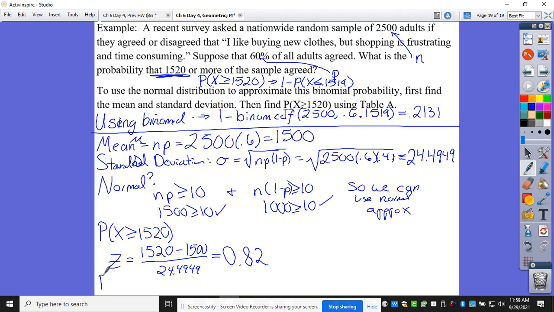I can rewrite this in terms of z. Now it's probably that z is greater than or equal to 0.82. Yes, I'm going very fast. When z equals 0.82, what is my area in the yellow sheet?